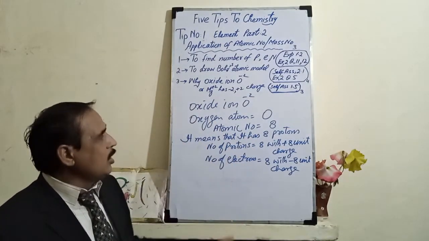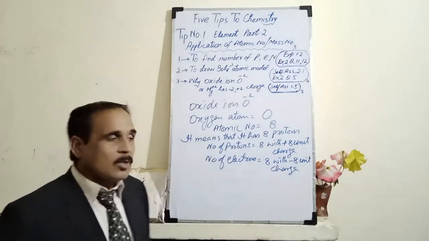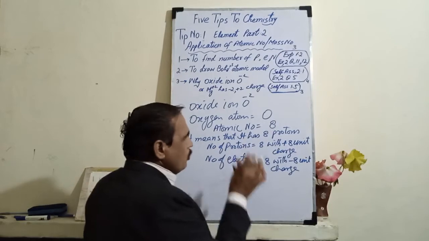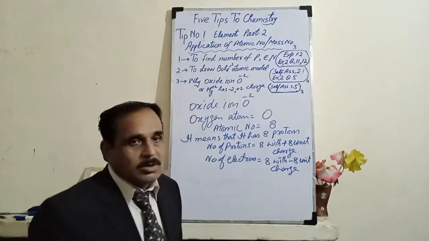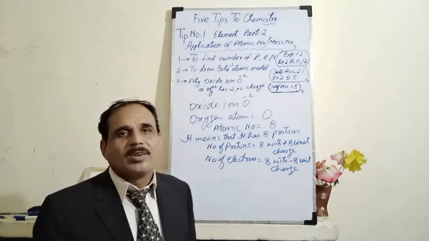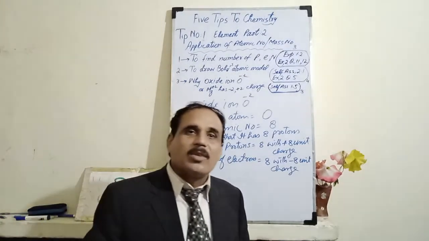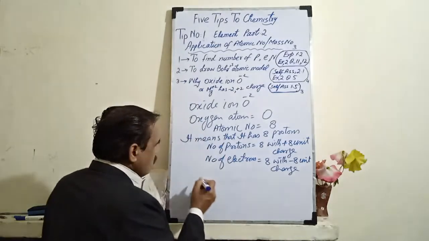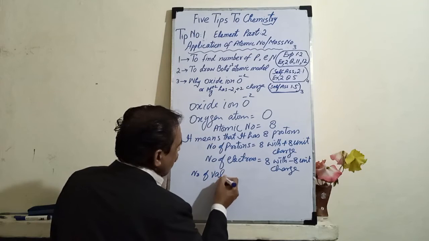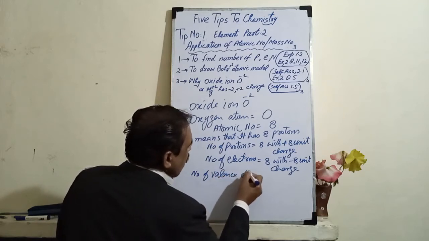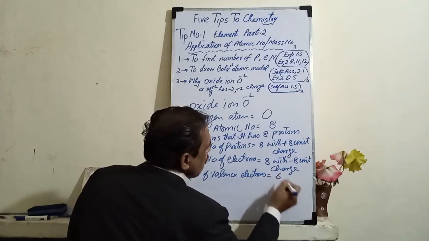We have written this only with the help of atomic number. You know, in first shell there are 2 electrons, and in second shell there will be 6 electrons. It means we can write number of valence electrons is equal to 6 electrons.